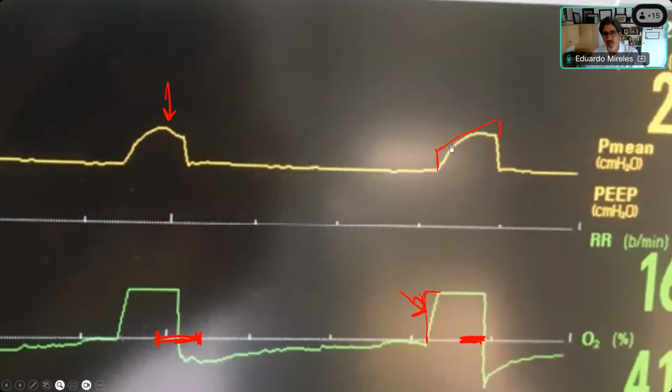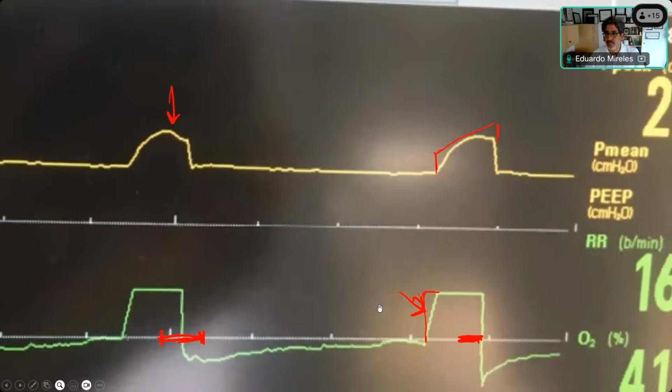And then what Rob was mentioning, and I agree completely, is that because the flow is constant over here, we should have a straight line, and then it would depressurize. But instead, we have this waveform that looks essentially like a little semicircle. And this area that is missing here is probably the presence of PMOS right here. And then it's a very small PMOS, and then boom, it relaxes and the patient exhales. So I fully agree with that, Roberto.